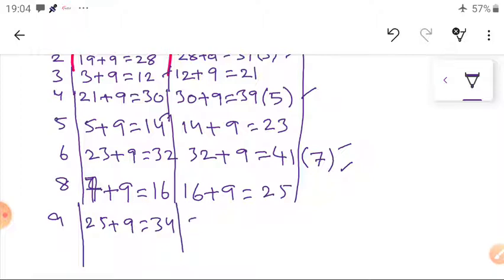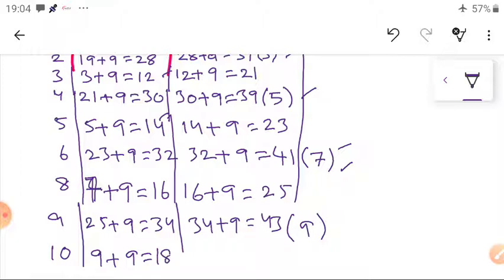So 34 plus 9, what is the value? 43. There is no 43 conductor. So 34 minus 43, I am going to get the 9th conductor. So 10th. Now 9 plus 9 is 18. 18 plus 9 is 27.